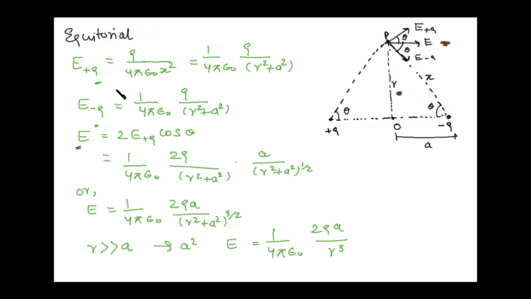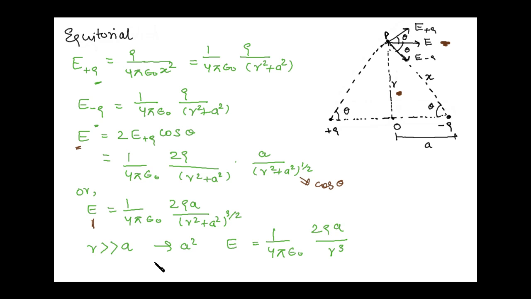On substituting the value of E plus Q, we get electric field due to dipole equal to 1 upon 4 pi epsilon naught 2Q upon (r square plus a square) into a upon (r square plus a square) to the power 1 by 2, which is the value of cos theta. And finally we get electric field E is equal to 1 upon 4 pi epsilon naught 2Qa upon (r square plus a square) to the power 3 by 2.